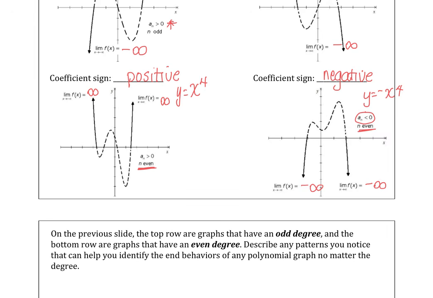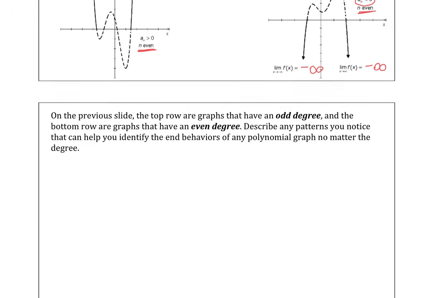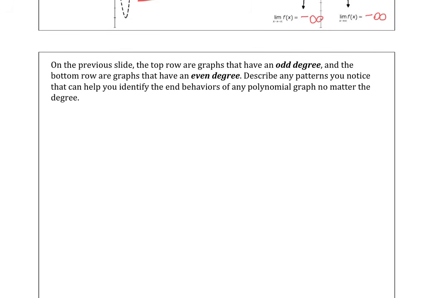So we want to summarize that. The top row of graphs had odd degree, and the bottom row of graphs had an even degree. Describe the patterns you notice that help you identify those end behaviors. So you could put something down in your own words. What happens on the odd degree, that behavior, what happens?